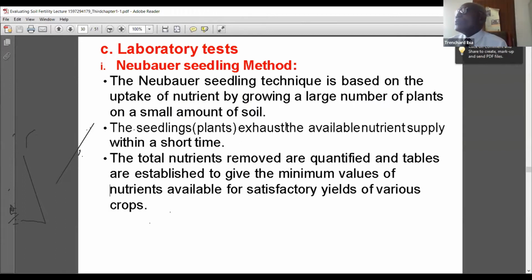The total nutrient removed are quantified and tables are established to give the minimum value of nutrients available for satisfactory yields of crops. So what you put, the plant takes, and you look at what is remaining in the soil, and you make inferences and make recommendations.